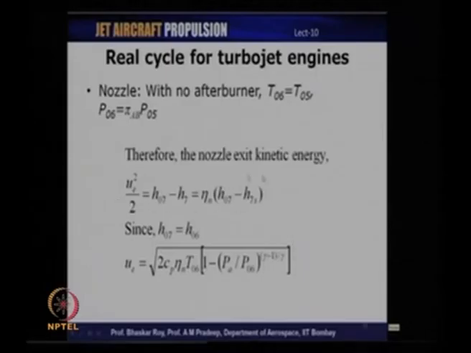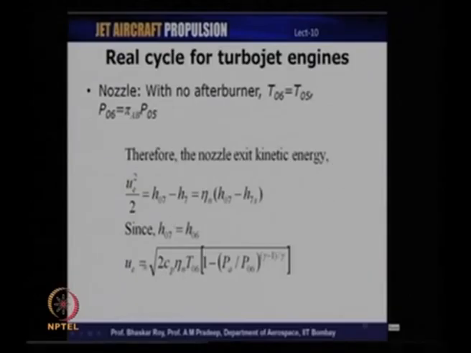So, this is basically coming from simplification of this equation, that is, the velocity squared by 2 is the efficiency multiplied by H07 minus H7s. So, this again is equal to the efficiency into Cp into T07 minus T7s and so on.